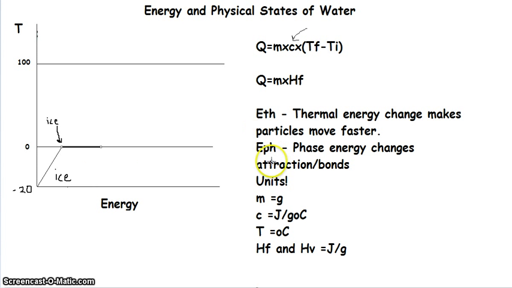We're going to say that that's a change of phase, where phase energy changes the attractions and the bonds. So it's changing its form. In this stage, instead of having ice bonded together, the energy that goes into it is actually going to break those bonds, and I'm going to put EPH right there.